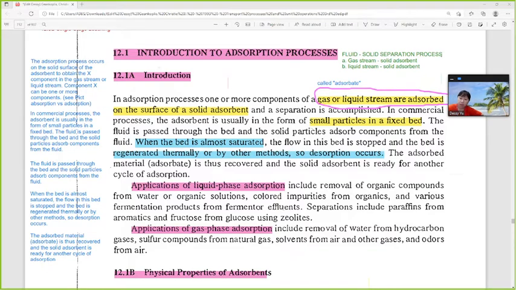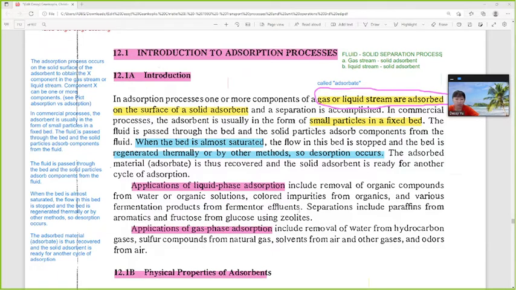Zeolite is a solid adsorbent like activated carbon, but it is synthetic. Applications of gas phase adsorption include removal of water from hydrocarbon gases, sulfur compounds from natural gas, solvents from air and other gases, and odors from air. This is from the liquid stream, and this is from the gas stream.